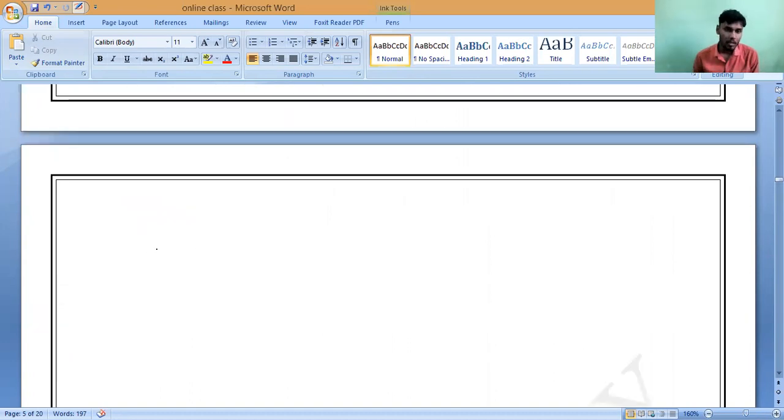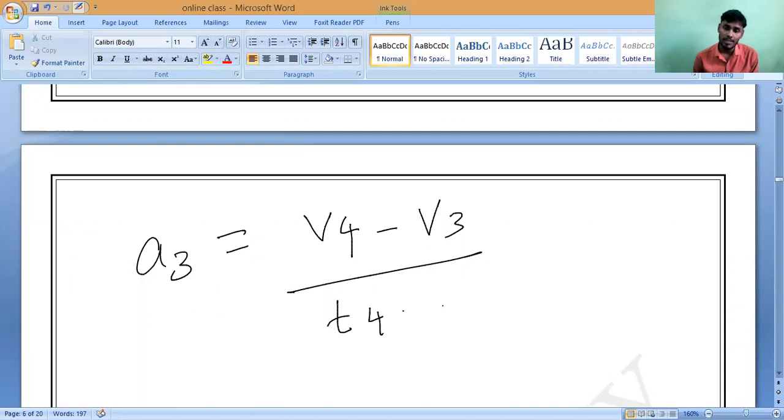Next A3, tell me. A3 equals V4 minus V3 divided by T4 minus T3.